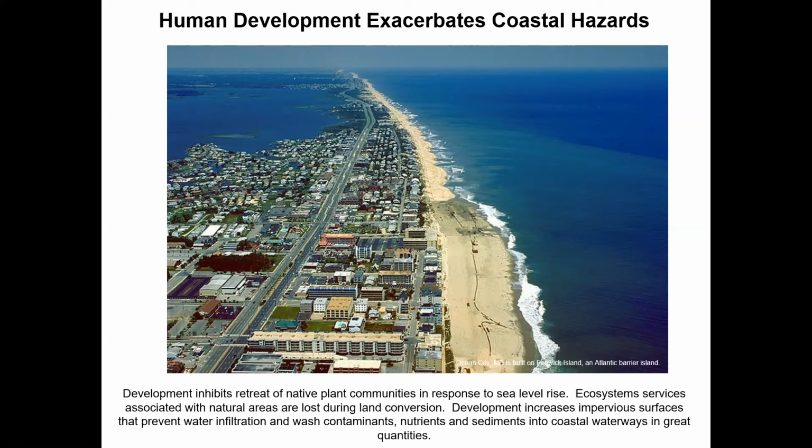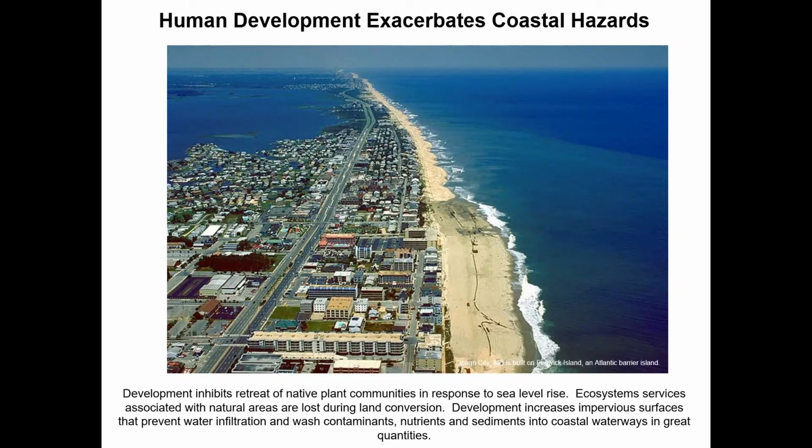And what happens when you have human development, such as you see in this picture of Fenwick Island and Ocean City, Maryland? How are we to expect a native plant community to respond? And thus, when you have these extreme land conversions, we're losing those ecosystem services.